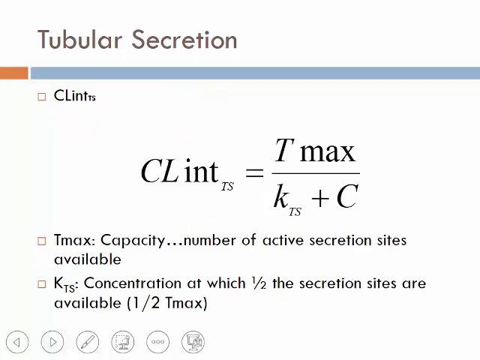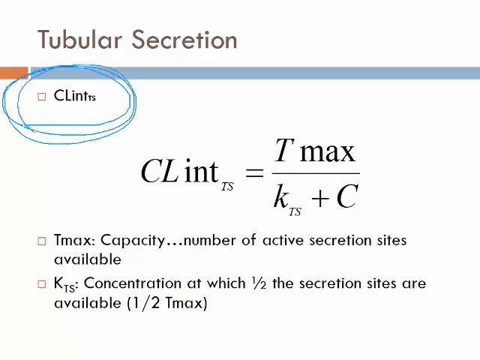All right, so we know what blood flow is to the tubular secretion sites. It's about 675 mils per minute in a normal person. We know what fraction unbound is, and we know what determines fraction unbound. And we know what determines intrinsic clearance for an enzyme, but we're not talking about hepatic enzymes. We're talking about tubular secretion sites.